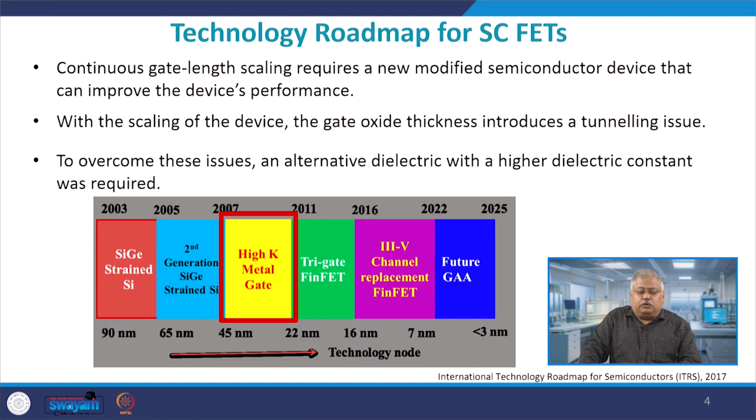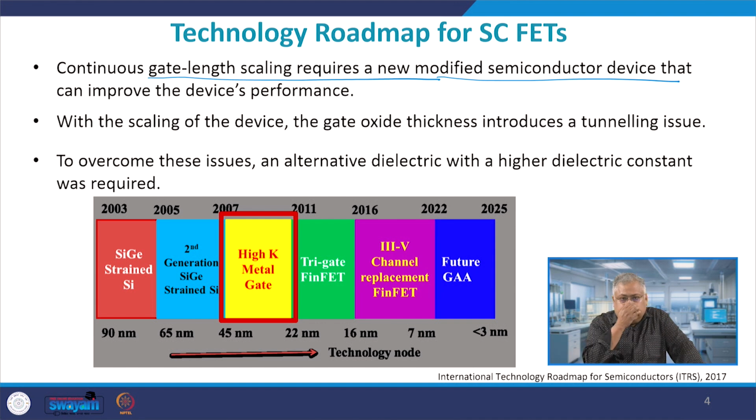So, let us come to the technology roadmap for short channel FETs. As I discussed with you, with the continuous gate length scaling, we require a new modification in the device which can improve the device performance.